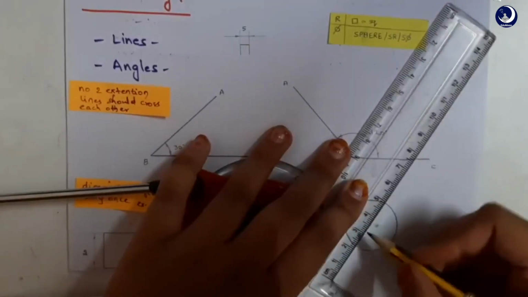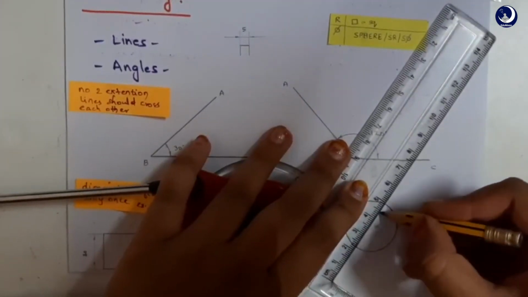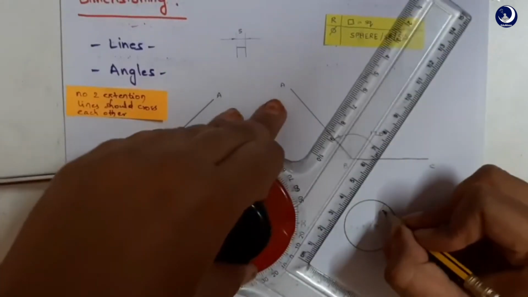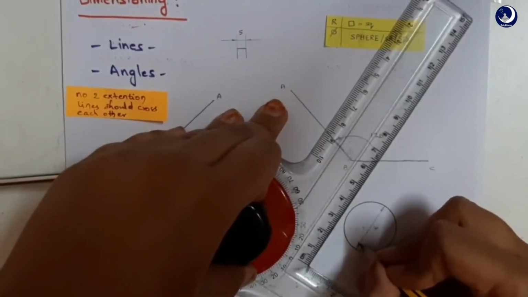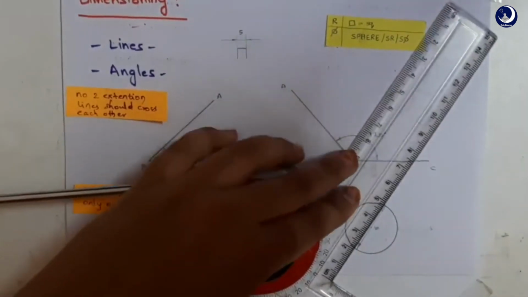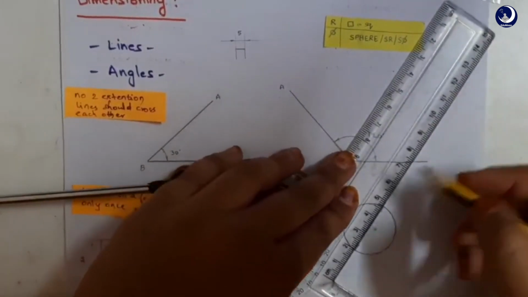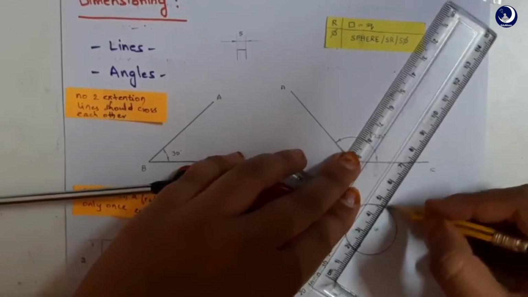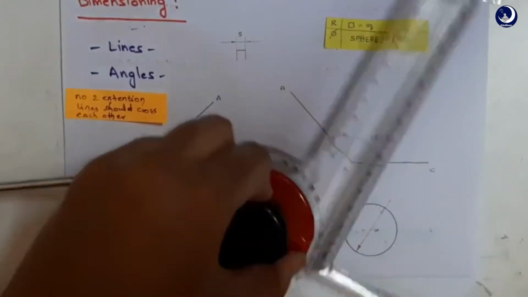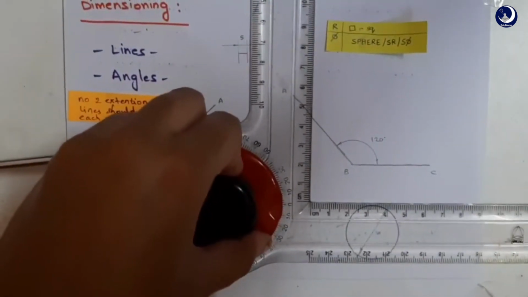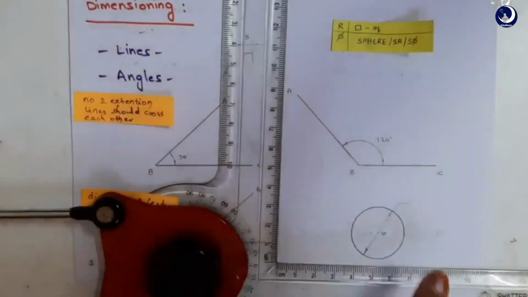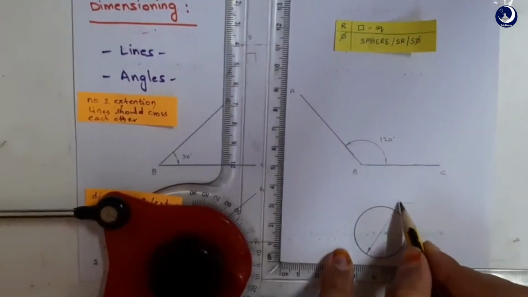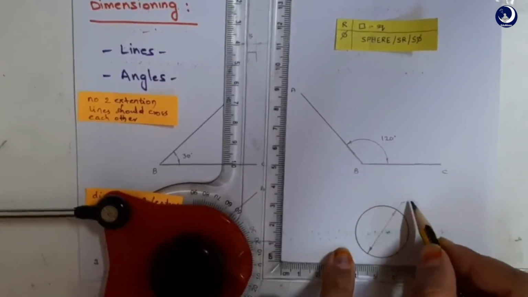Let us dimension this circle. We are going to mark its diameter and place arrowheads at both the ends. We are going to extend this dimension line. Now this place is used for writing the dimension of this circle.